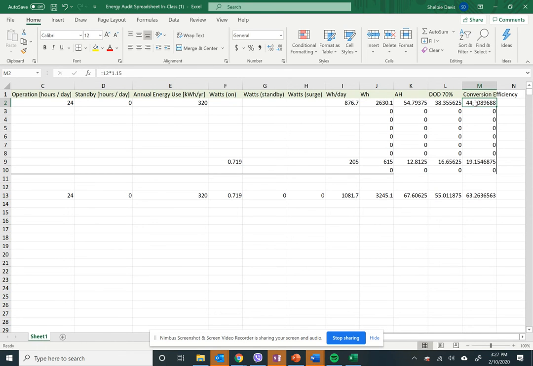And then we need to do the same thing here. We need to divide by 0.85. There we go. Okay, cool. So then we need to make sure that we apply this to every row.